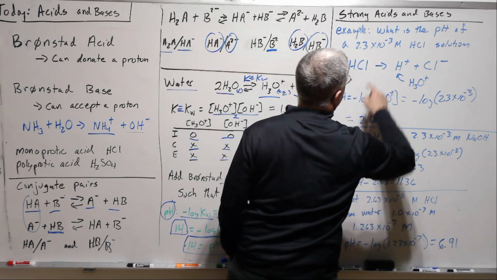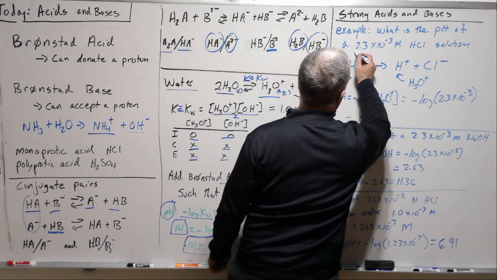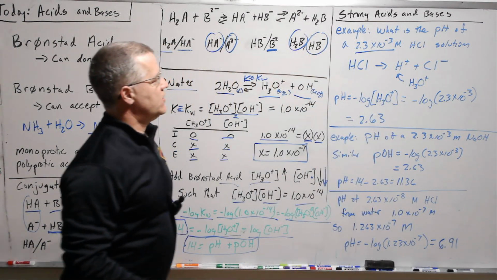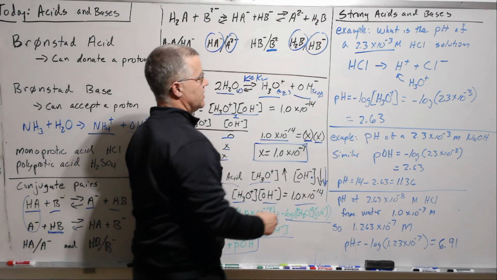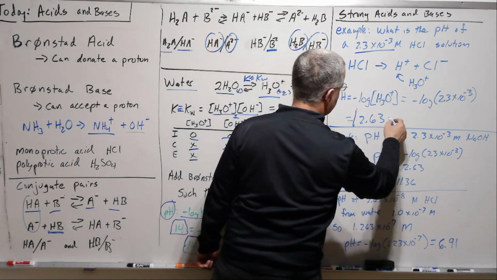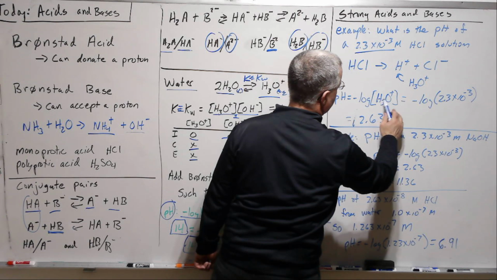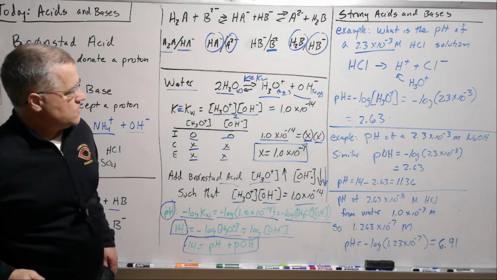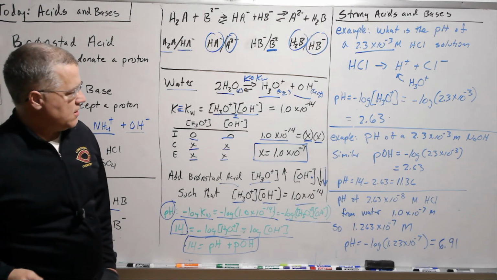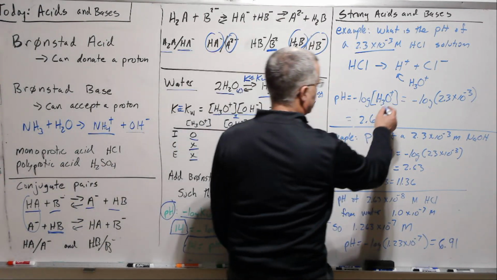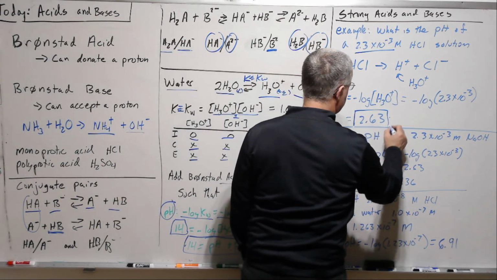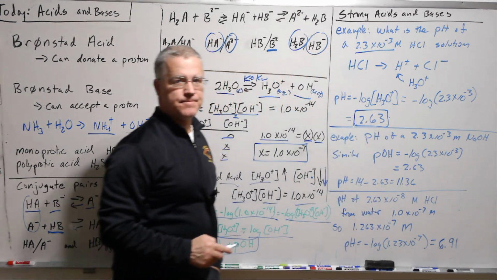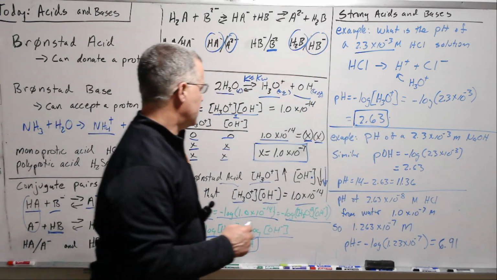So if I make up a 2.3 times 10 to the minus 3 molar solution of HCl, then that means I have 2.3 times 10 to the minus 3 molar of H3O plus, which gives me a pH of 2.63. Now, actually, let's do this.